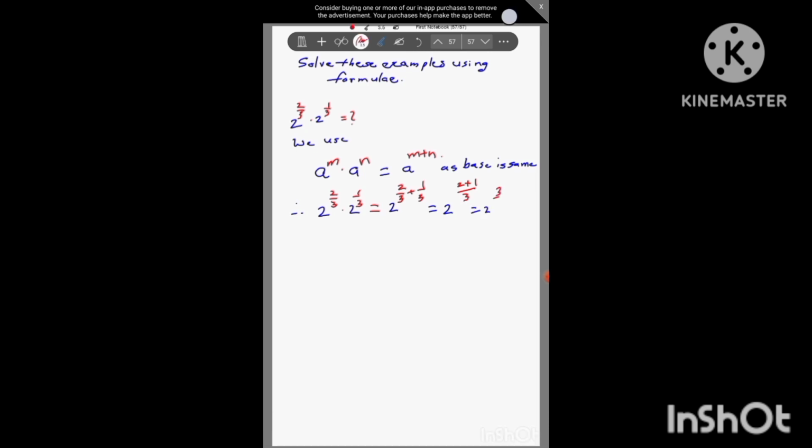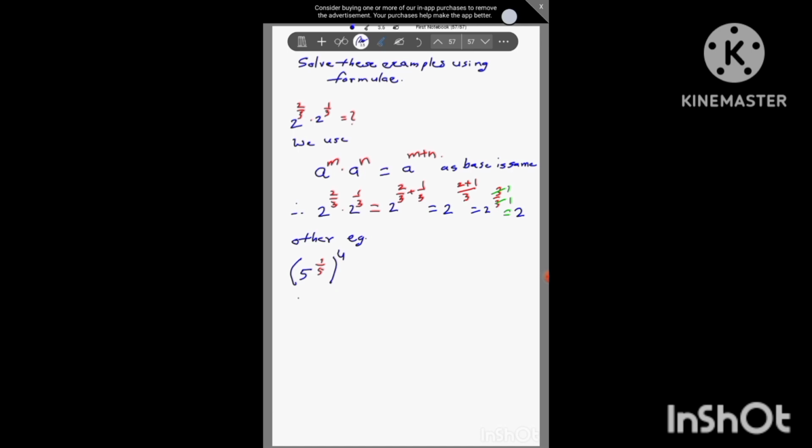It's very simple, but still you need to practice many examples. Just by looking at the example or the formula, you cannot use it. Okay, here we use another formula: 5 raised to 1 upon 5 raised to 4.